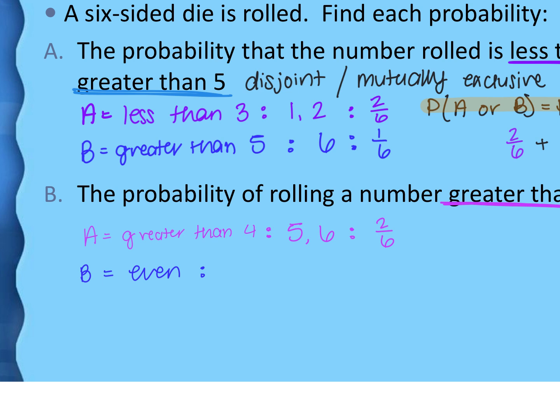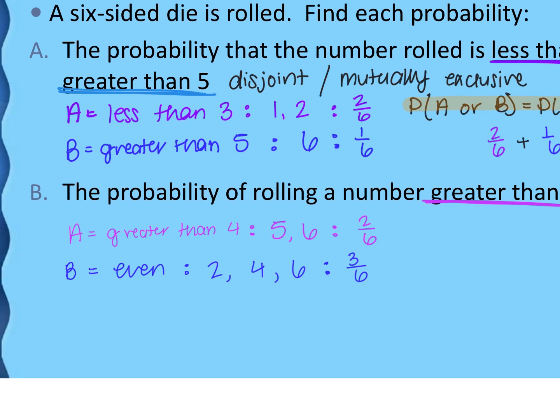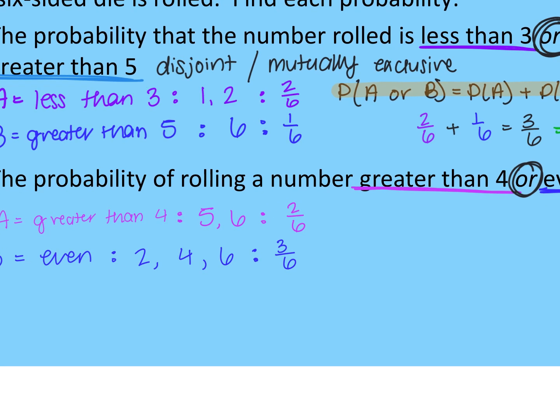What are my even numbers on my dice? Good, I have 2, 4, and 6. What's my probability for this one? 3 out of 6. Again, don't simplify it until the very end. So, do these have an overlap? Yes, they do. My 6s right here are overlapping.